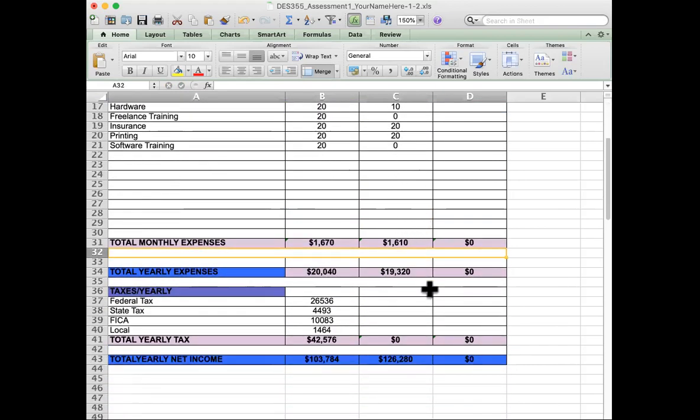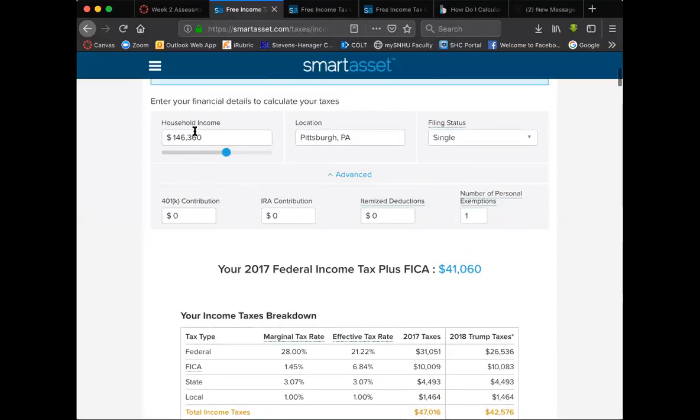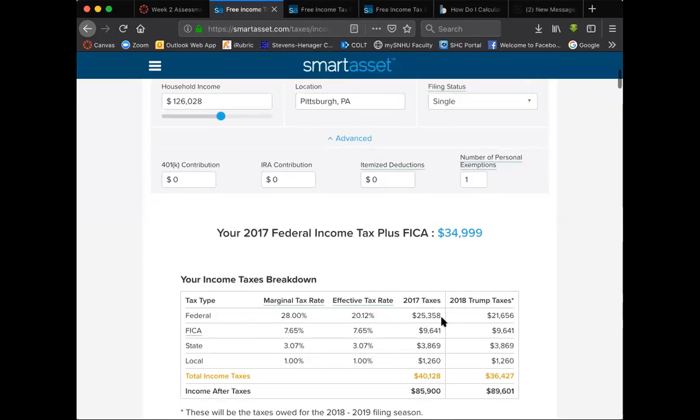Oh yeah, it's recalculating. And then what you're going to do is take this number, the 126.28, and you're going to plug it into that calculator that we were putting in there, 126.28, to come up with the new totals here. And then you're just going to plug in the new 2018 taxes in that total.